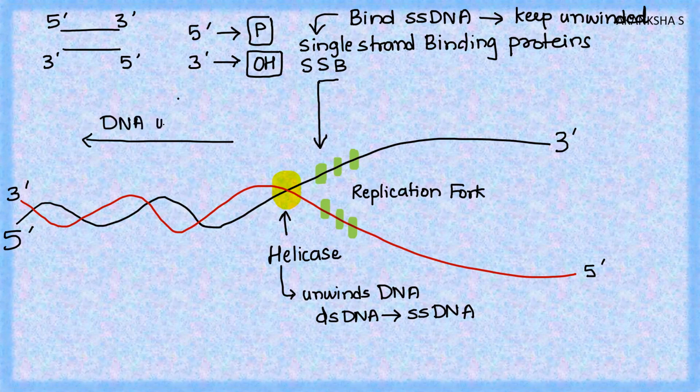Okay. So when we are unzipping, there is a good chance that tension might be generated. Although one side is being opened up, the other side might get too much coiled or overly coiled. To avoid that coiling, we have a particular enzyme called DNA topoisomerase.